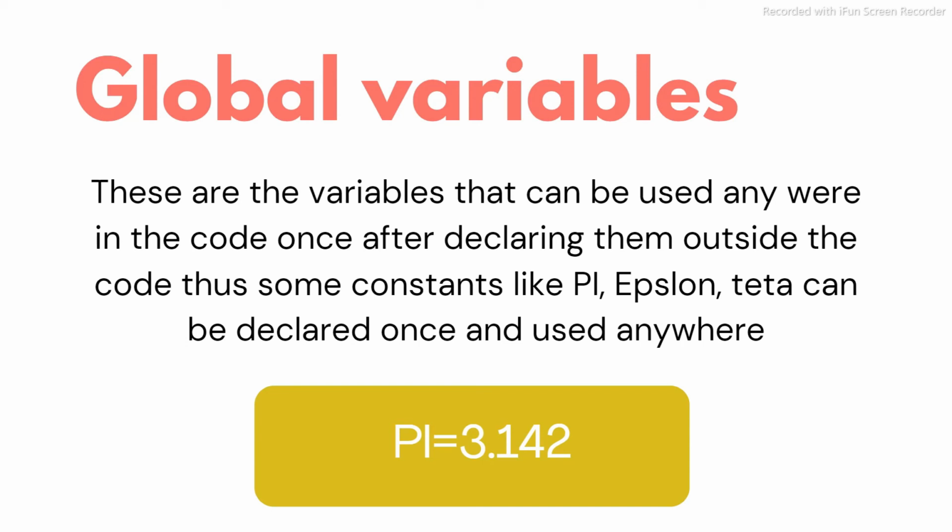But when you use the global variable pi equal to 3.142, and you write pi equal to pi plus 1, means you are updating the value of pi with one value, it is not going to update that value. In fact, it is going to give you an error. And that's how we go with the global variables. Global variables are a thing which you can use anywhere in the code once after the declaration. That is how the global variables work, and we will discuss all these things in clarity in VS Code.